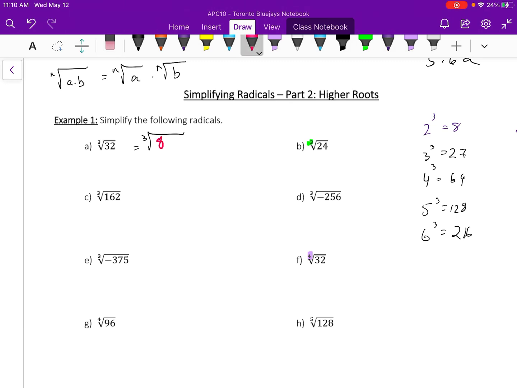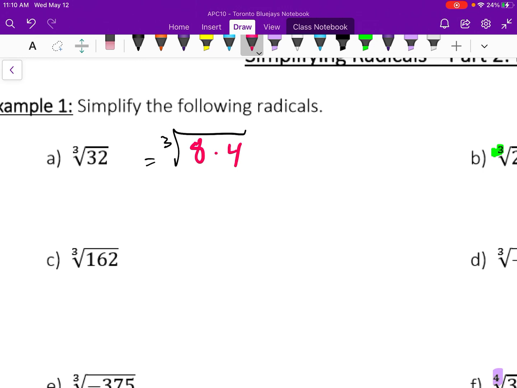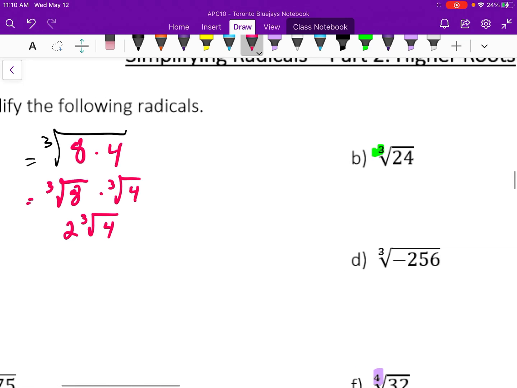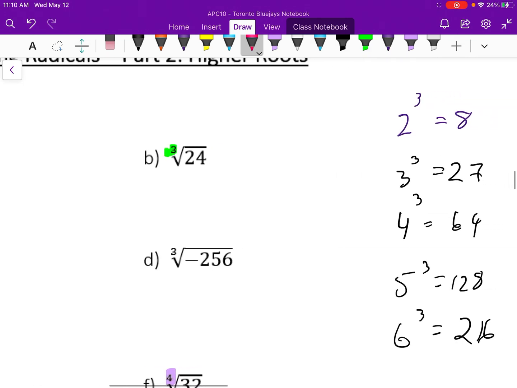So I can split this up into the cube root of 8 times the cube root of 4. We know the cube root of 8 is quite simply 2, times the cube root of 4. And that's how it is. Very similar to what we've experienced before.